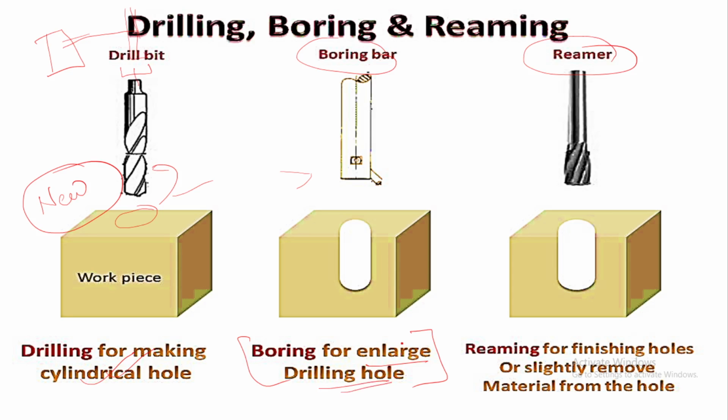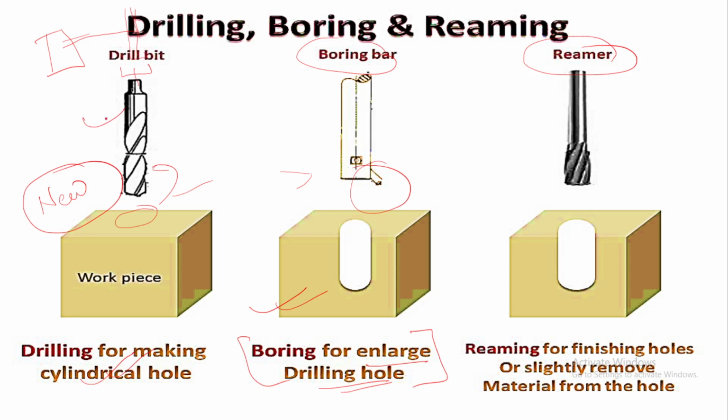It means the size of the already existing hole, the interior diameter I am talking about. If I am saying the size of the hole, I mean the interior diameter of the existing drilled hole. So this will be enlarged using a boring operation, and here a single point cutting tool will be used.